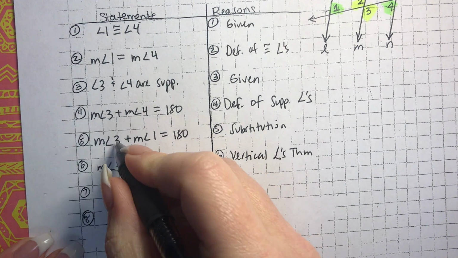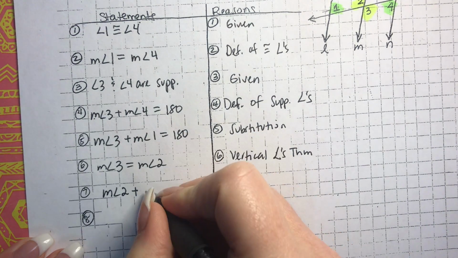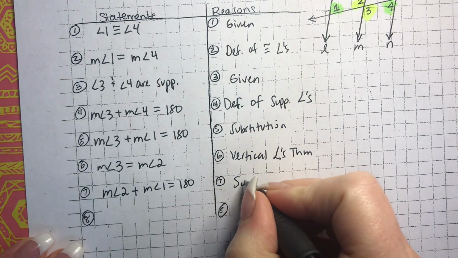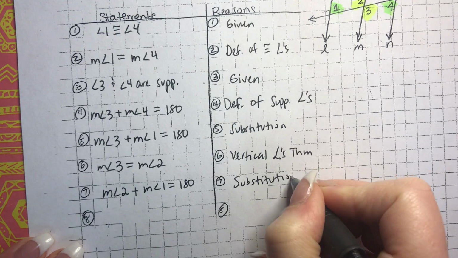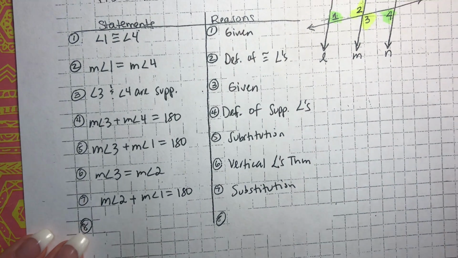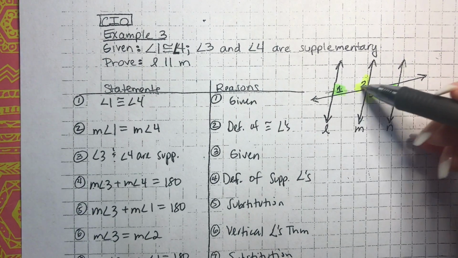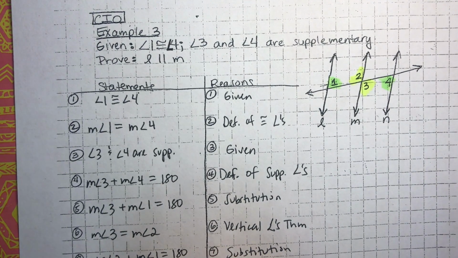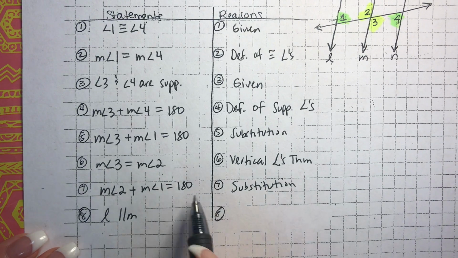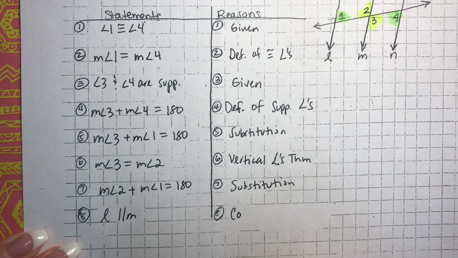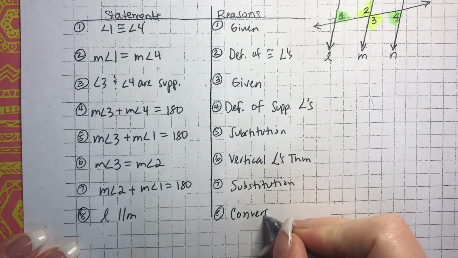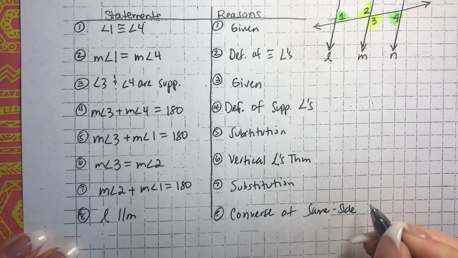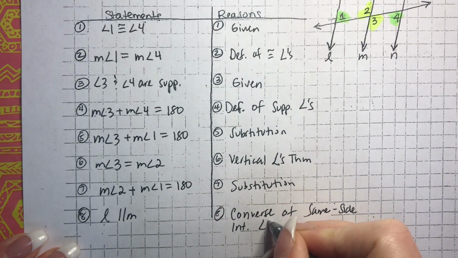Measure of angle 2 instead of measure of angle 3 plus the measure of angle 1 equals 180. That's substitution. And then we have exactly what we need, right? We need to show that these two are supplementary in order to prove that L is parallel to M, which is what we did by the converse of the same side interior angles theorem.